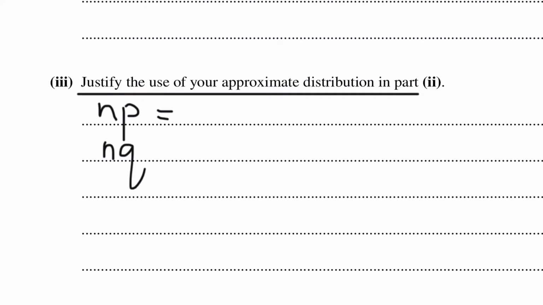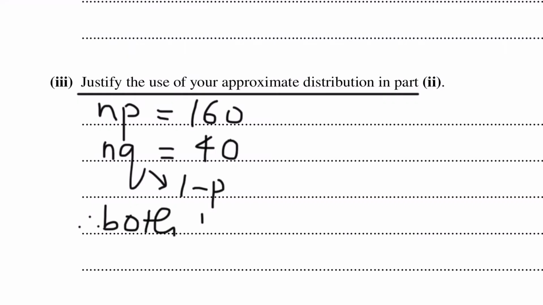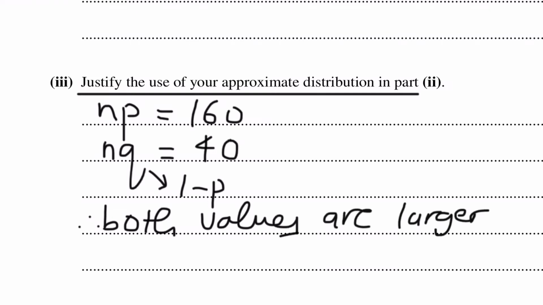For NP, our value was 160, and for NQ, our value was 40. Remember that Q is 1 minus P, so both values are larger than 5.